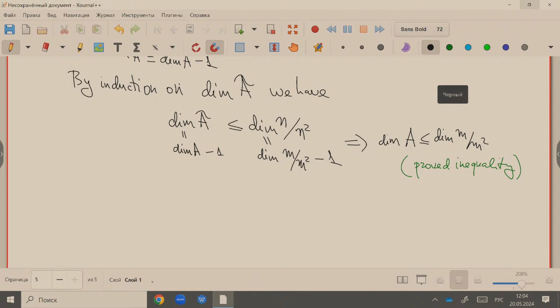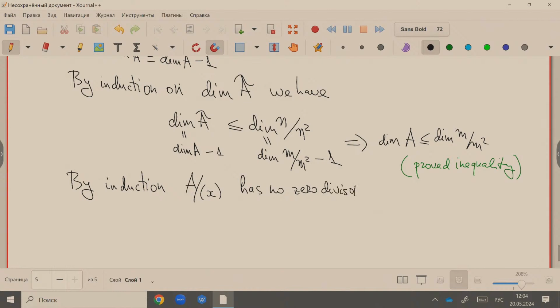And then you have to prove that by induction A mod X has no zero divisors, since this ring is regular.